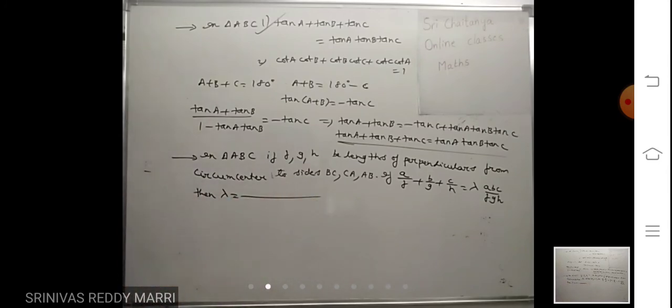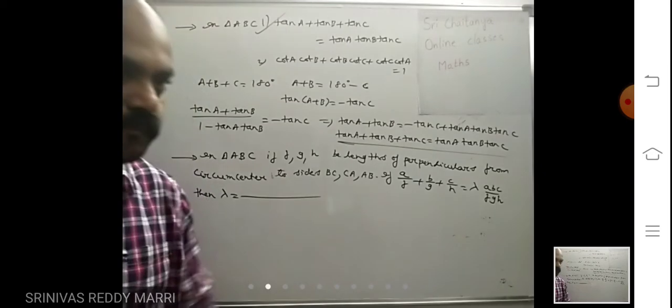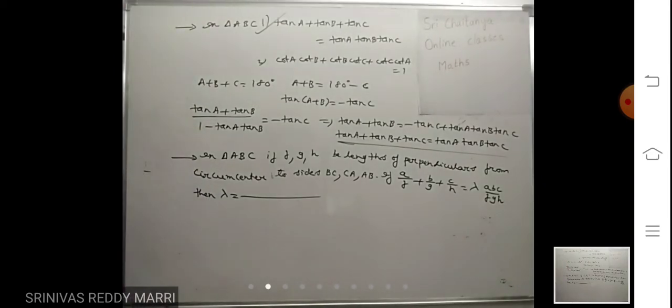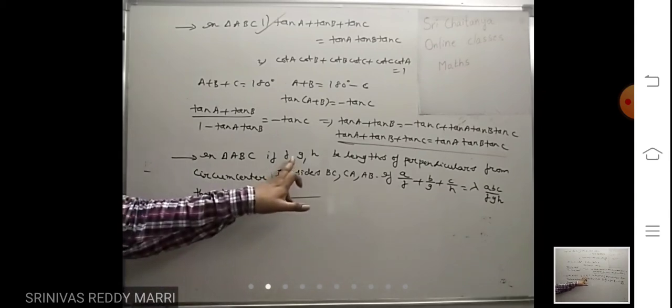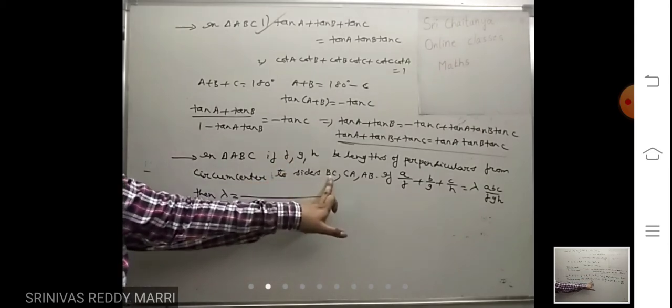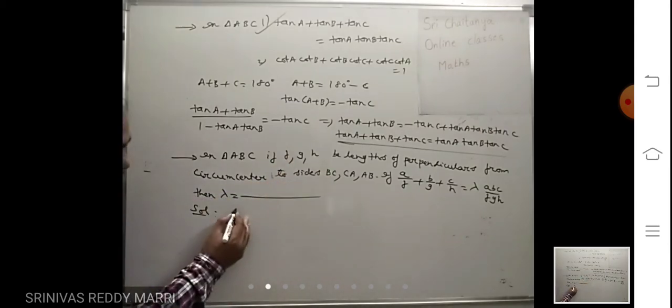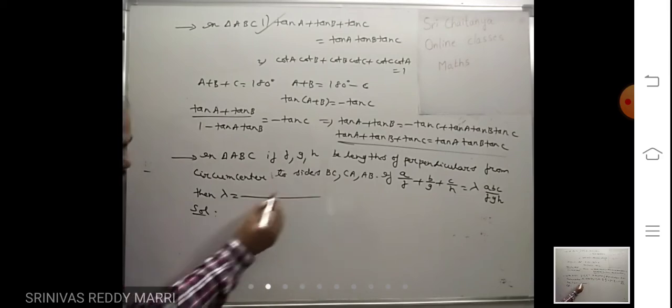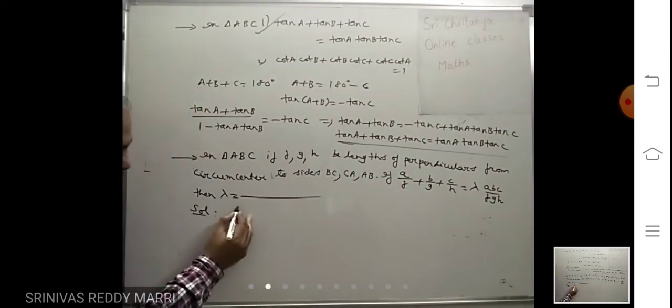Look at here. F is what? From the circumcenter to the side BC, the perpendicular distance. I am substituting the formula here.